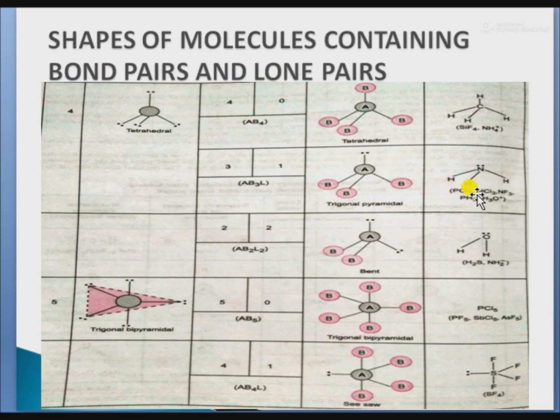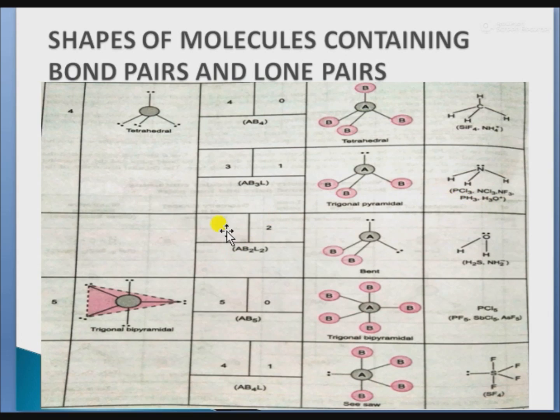For example, ammonia NH3, in which 3 hydrogen atoms are bonded with the nitrogen and there is one lone pair on the nitrogen atom. Due to lone pair bond pair repulsion, its bond angle decreases from 109 to 107 degrees and its geometry becomes trigonal pyramidal. Other examples are PCl3, NCl3, NF3, PH3, H3O+, etc.